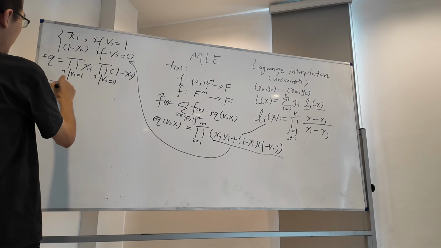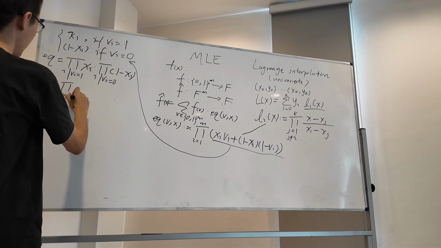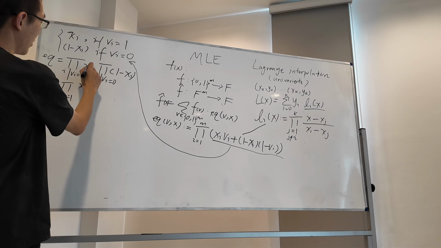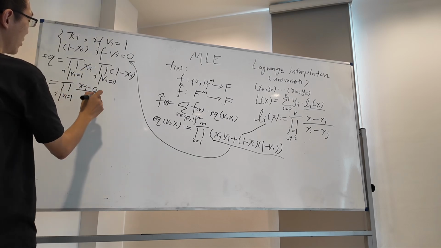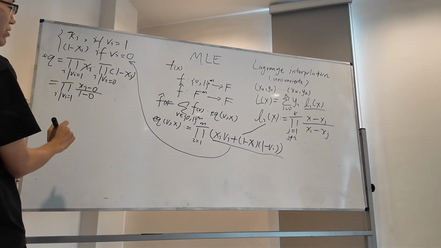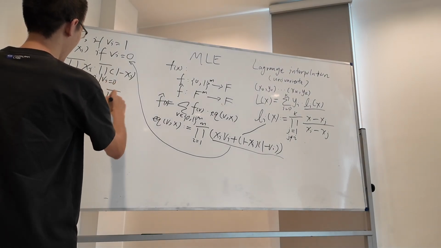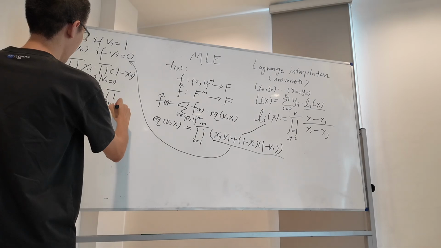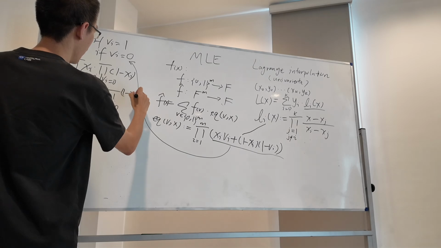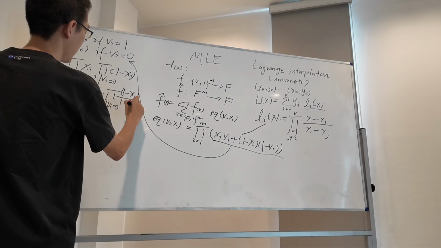And we just write this as x_i minus 0, and in the denominator we can add 1 minus 0 here, which is just 1. Similarly, 1 minus x_i divided by also 1 minus 0.